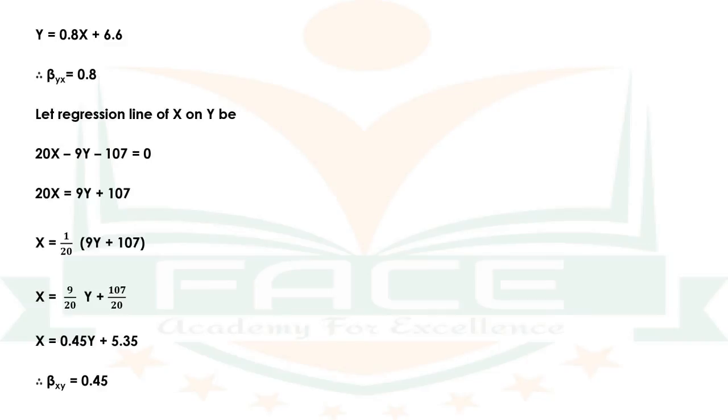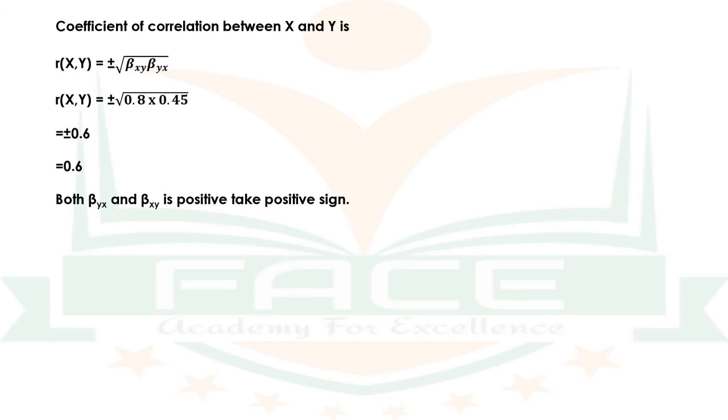Now, the correlation coefficient between x and y, as given in the equation, is r of xy is equal to plus or minus square root of beta xy into beta yx. That is plus or minus square root of 0.8 into 0.45. That is plus or minus 0.6. Since both beta yx and beta xy are positive, we take the positive sign and the correlation coefficient is 0.6.